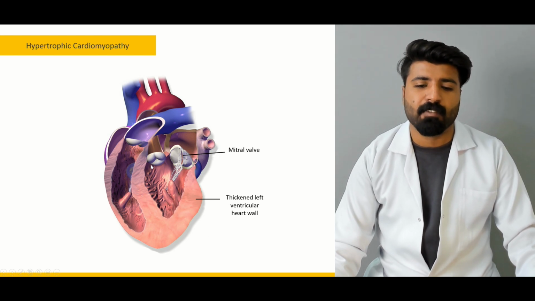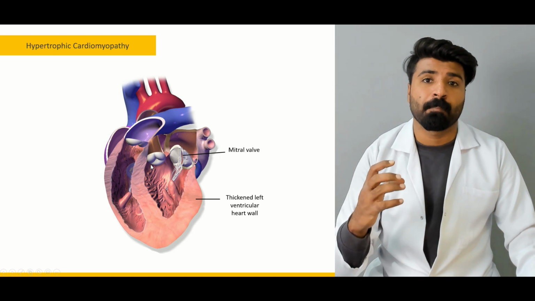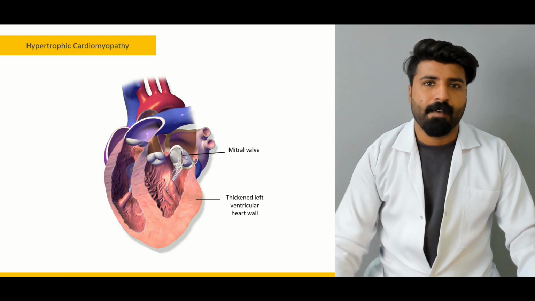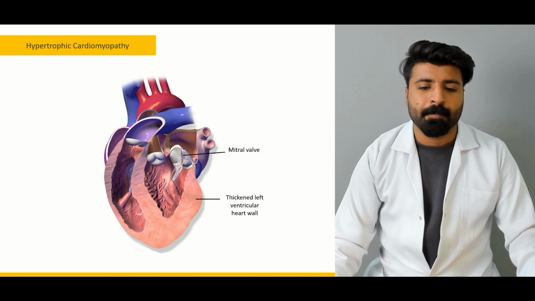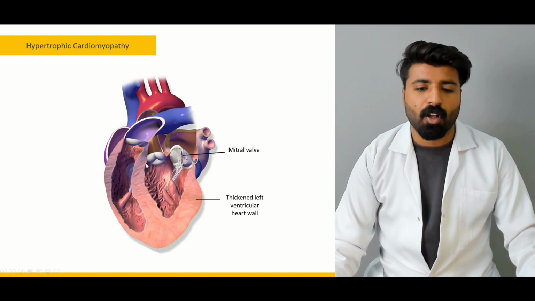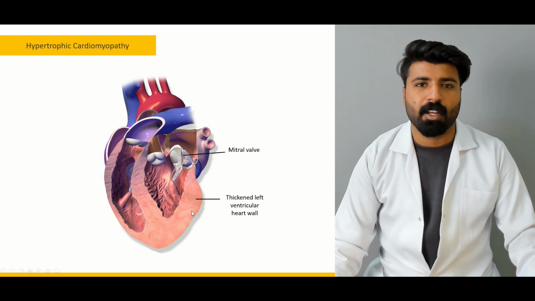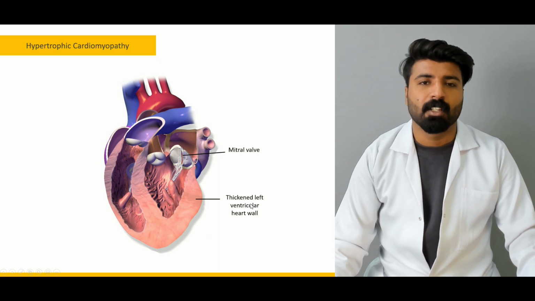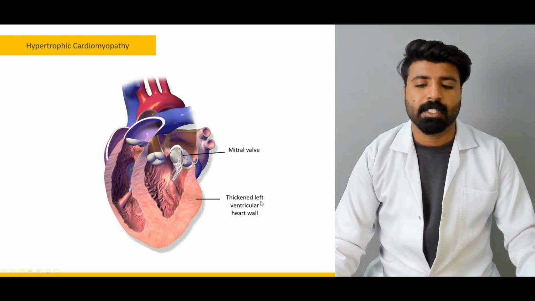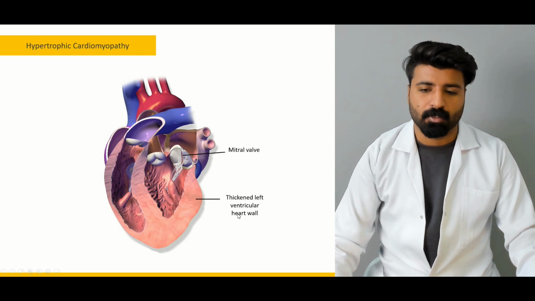This chamber will have the capacity to hold more blood inside of it. When hypertrophic cardiomyopathy happens, the interventricular wall goes thick and hypertrophied, and the free wall of the left ventricle goes extremely thick, extremely hypertrophied, and that's why this is the diagnostic point of hypertrophic cardiomyopathy, that this patient is going to have a thickened left ventricular heart wall.